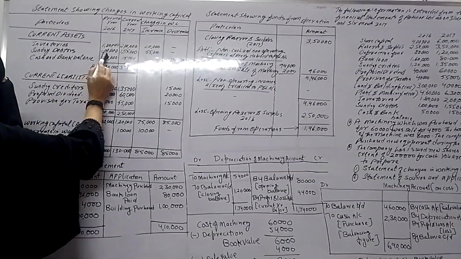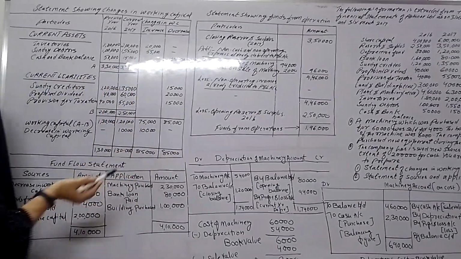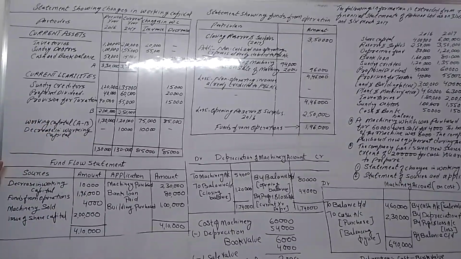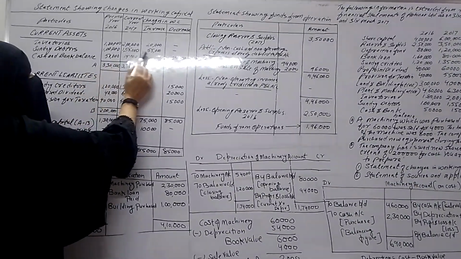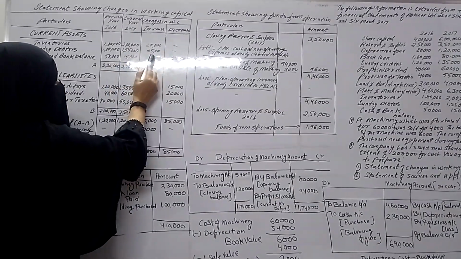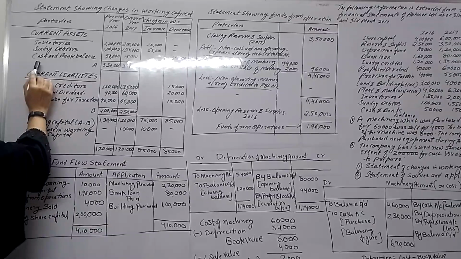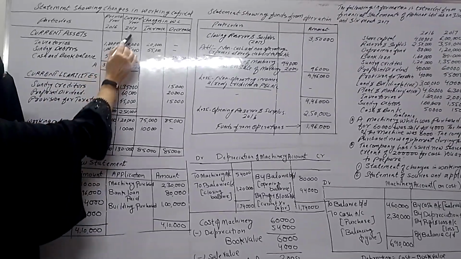Debtors 2016 it is 1 lakh and in 2017 it is 1,55,000. So comparing to 2016, our debtors in 2017 are increased by 55,000. So take the difference in the increase column. Now cash and bank balance in 2016 it is 50,000.